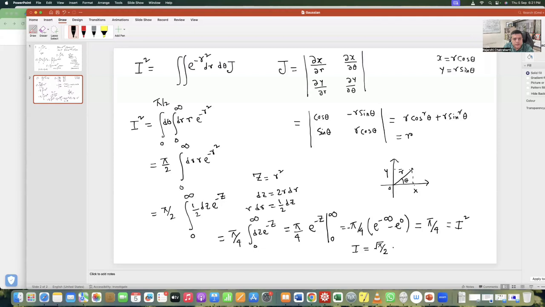And what is this I? If you remember, this is this integral. So we have now proved that the integration of this Gaussian function from 0 to infinity is root over pi by 2. And if you integrate from minus to plus infinity, it is going to be twice that, which is root over pi. Thank you very much for watching.